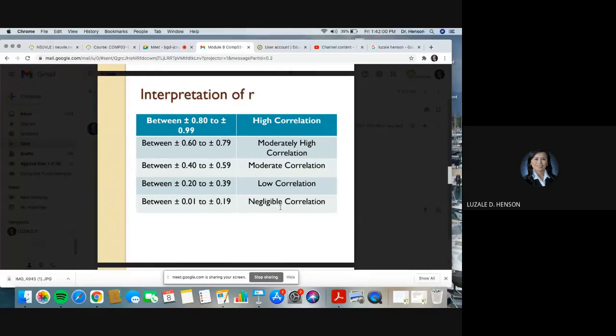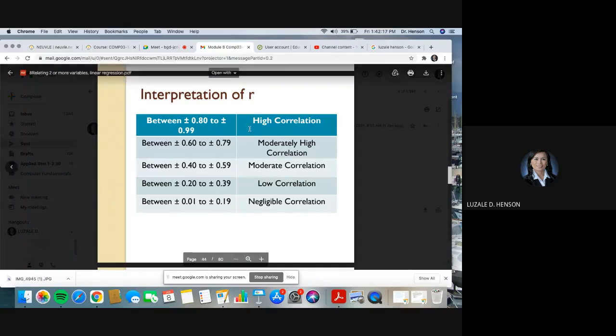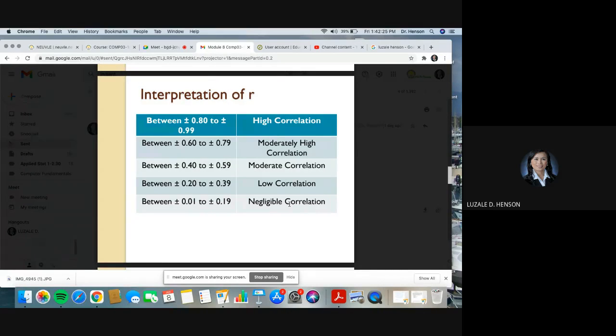Now, this is arbitrary, class, because if you use studies that are highly sensitive, such as in medicine, in pure sciences, where it has to be very accurate in interpretation, then this interpretation will change. For example, in testing drugs, like the vaccine, this is not what will be followed.